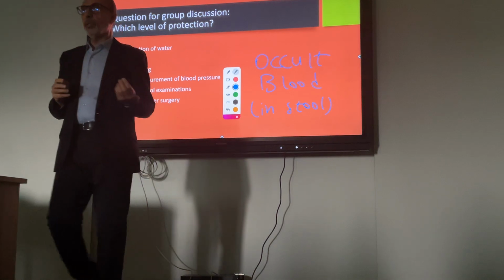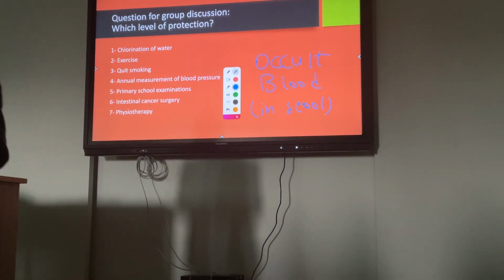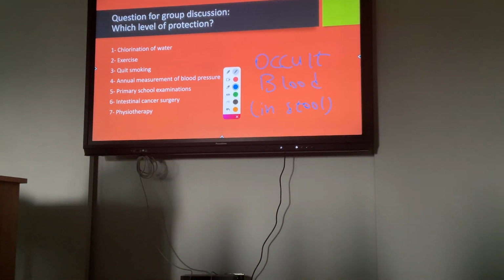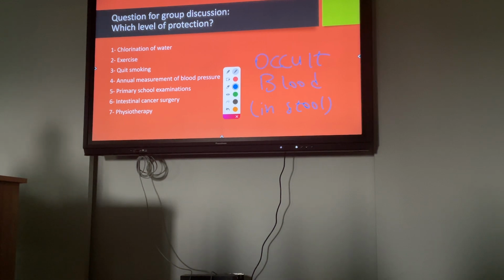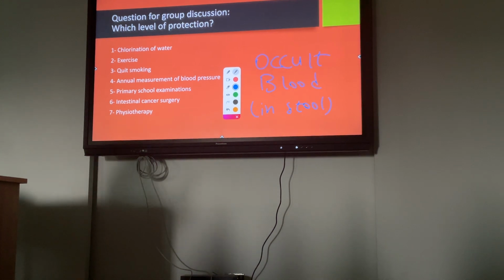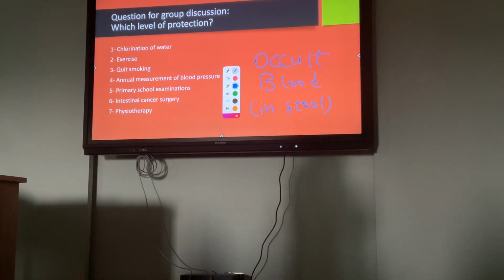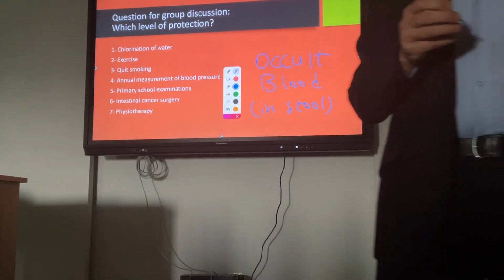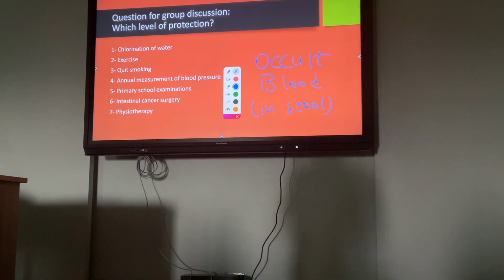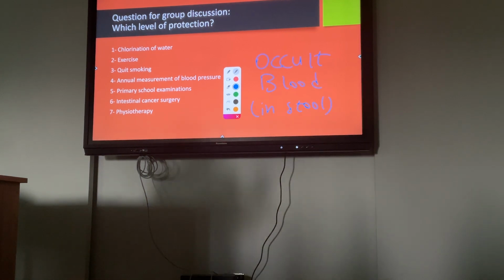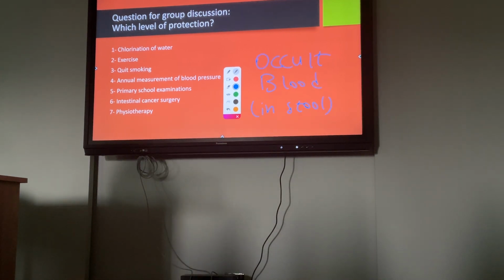Occult blood in the stool means that we ask people to give a small amount of their stool and see under the microscope and look for some red blood cells. The presence of red blood cells may be an early detection for colon cancer. If we detect colon cancer by means of a screening test, then intestinal surgery can be classified as a secondary prevention.